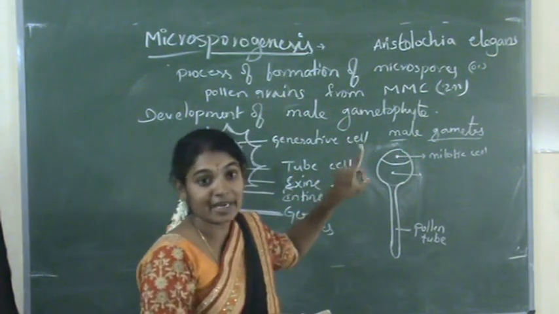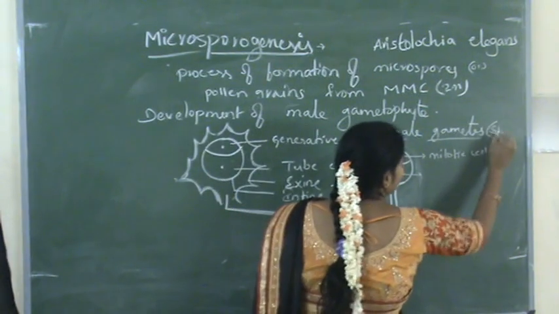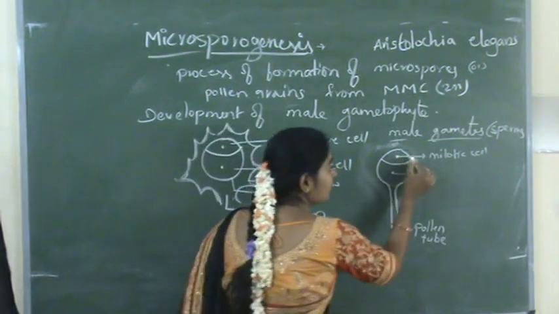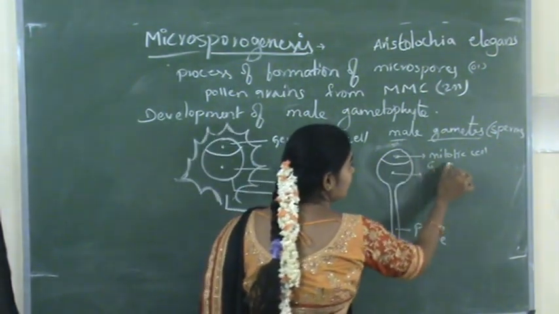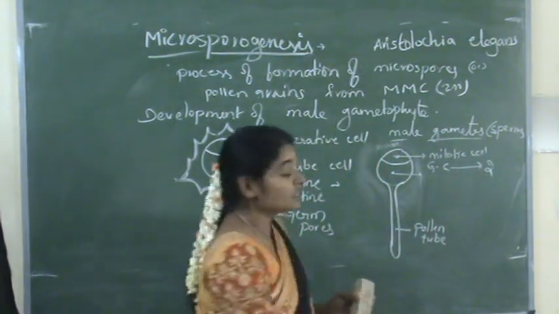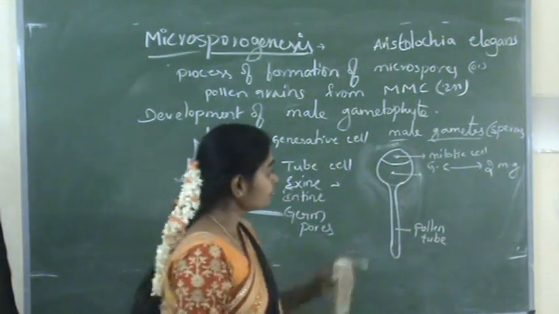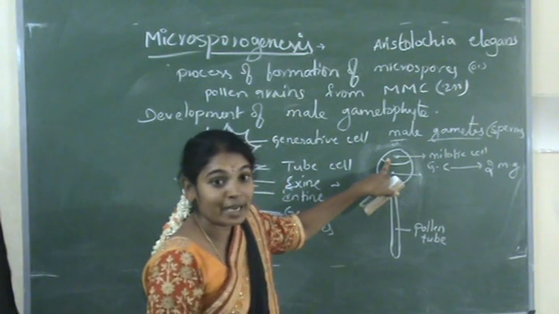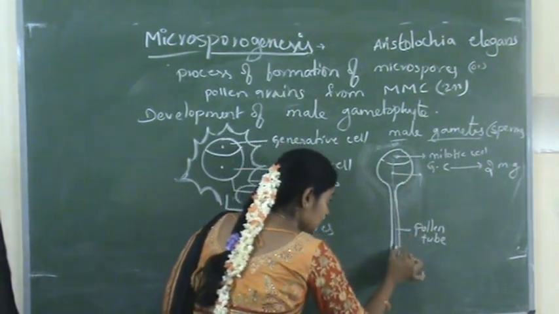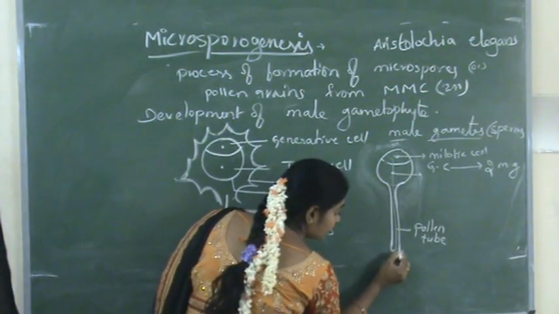From each generative cell, two male gametes or sperms are formed. So each generative cell undergoes mitotic cell division, and as a result, two male gametes are formed. And these two male gametes reach the stigma through the pollen tube.